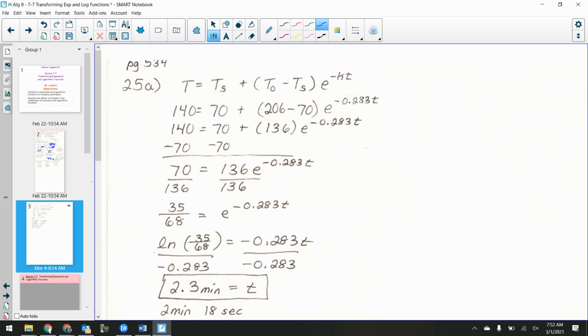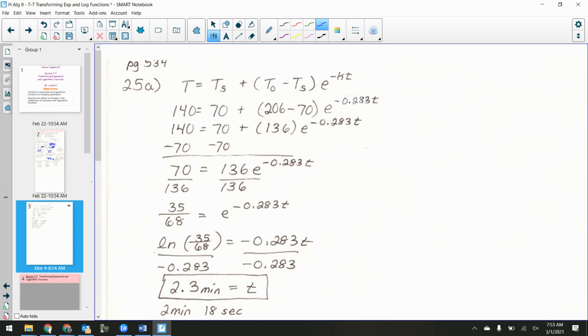This is that cool one where the surrounding temperature is acting on the hot liquid. It's cooling the hot liquid at a certain rate. So its total temperature is equal to surrounding temperature plus the difference in temperature times e to the negative kt, where k is the cooling constant based on the composition of the liquid. We're told that k value is 0.283, so it's negative up in that exponent.